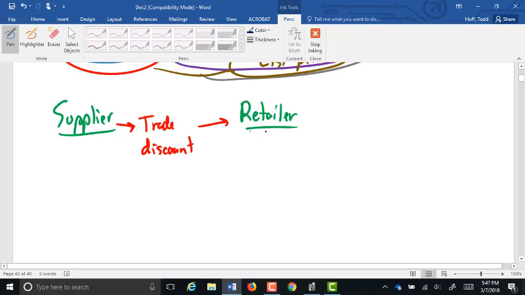So let's say that a retailer has established themselves, they're ordering enough product, and usually that's one of the first things that a trade discount goes off of is, have you ordered enough product? How much product have you ordered? So let's say they've ordered enough product to earn an 8% trade discount.